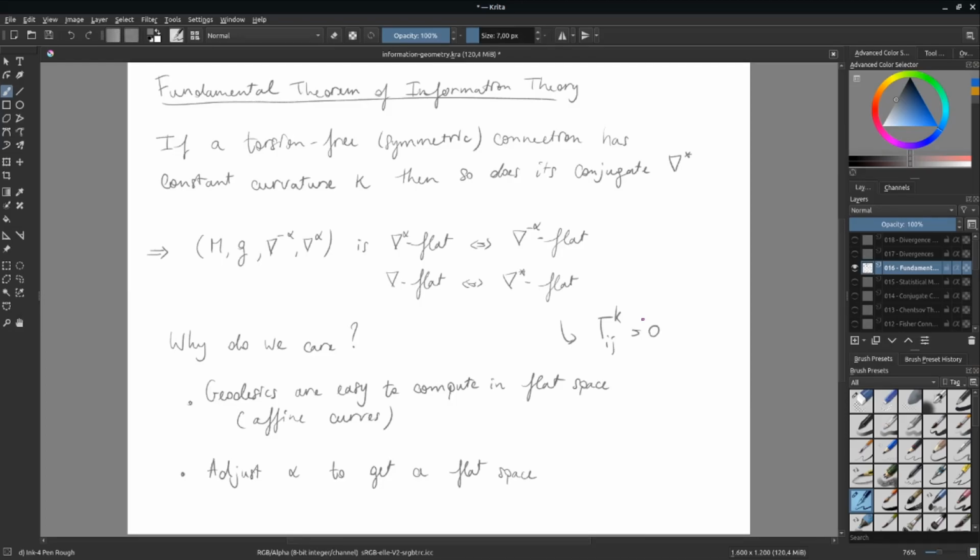And that means that geodesics, these straight lines, are easy. They're just affine curves. It's one reason why people try to get flat connections: when you have a flat connection, the geodesics are easy to express. It's just linear interpolation, so super easy. So sometimes people will adjust these alpha to get a flat space, but it's not always that you can get one.